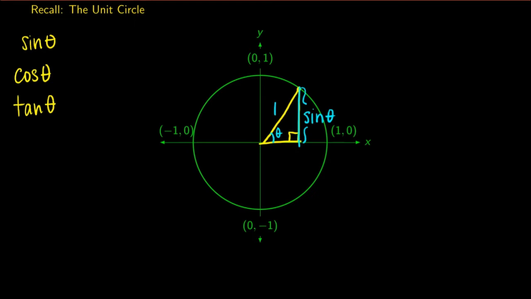Similarly, if I wanted to calculate the cosine value of my theta, I have adjacent over hypotenuse, but the hypotenuse is 1, so adjacent is just going to be my cosine value. So this x value right here is just cosine of this theta. To connect those two together, we have tangent is opposite over adjacent, which means tangent of this theta will just be sine of theta over cosine theta.